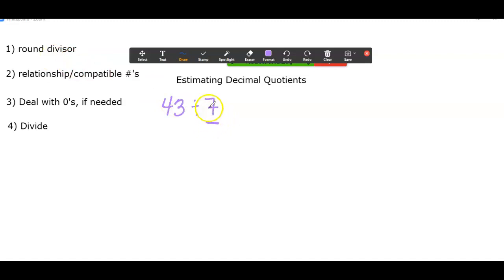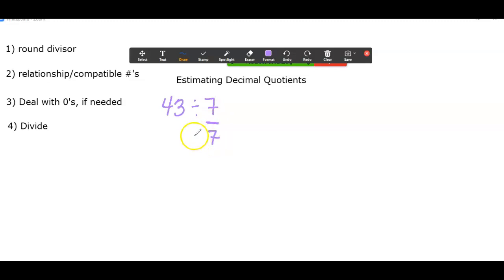Now, we did say that if my divisor is a single digit, then I can keep that because I should know my 7's multiplication facts. And if I don't, I should at least have a multiplication chart that I can look to. Okay, so I'm going to keep this as a 7.